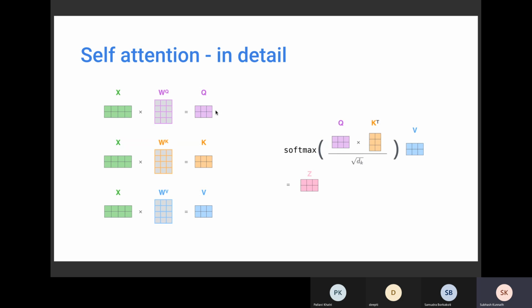You will have queries for all the embeddings, keys for all the embeddings, and values for all the embeddings. Then you multiply the query and the key matrix, normalize with the root of the dimension, and multiply with the values, and you get the z vector with all the z values stacked one on top of the other.